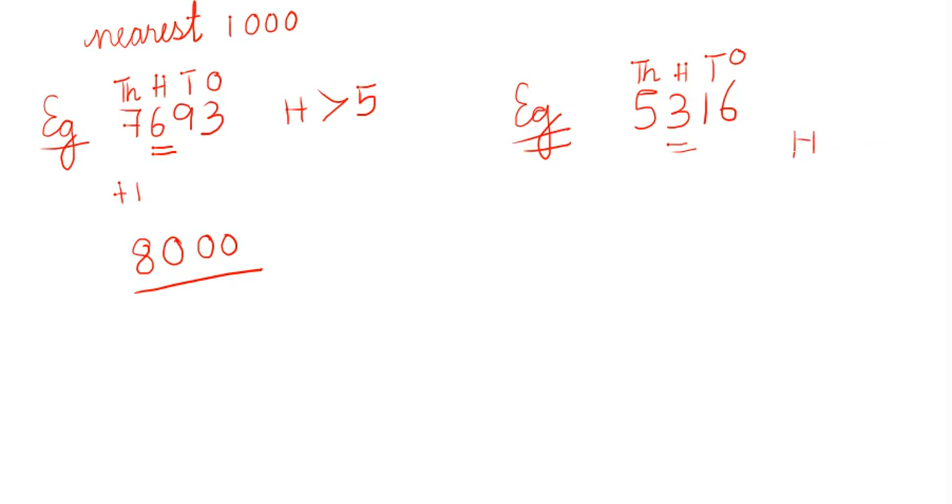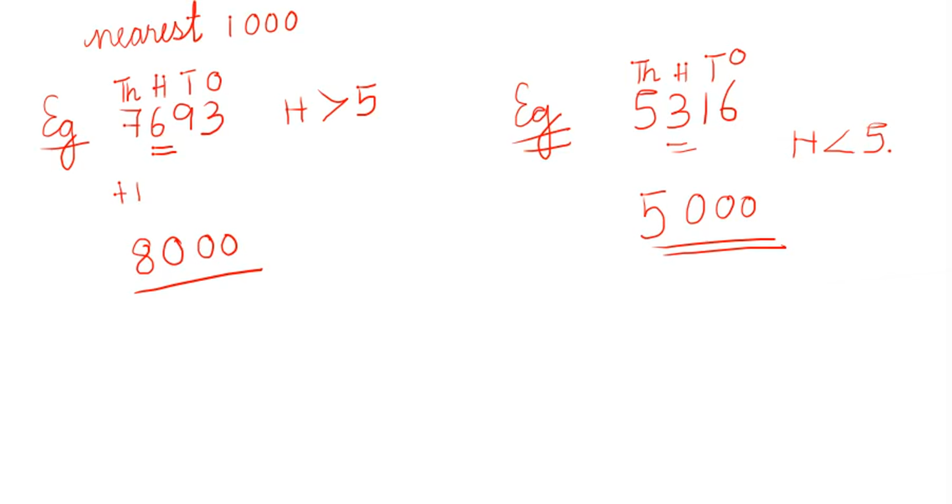Our hundreds place is less than 5. Hence there will be no change in our thousands place; it will remain the same. And we will replace our hundreds, tens and ones place by 0. So 5316 will be rounded off to 5000.